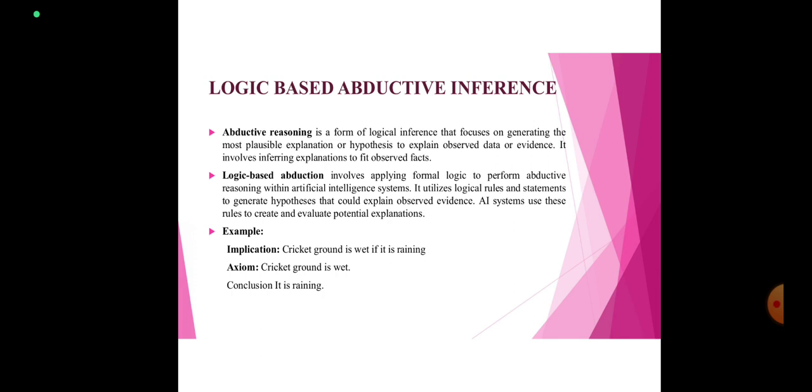For example, if we have the implication, the cricket ground is wet if it is raining, and we take the axiom that the cricket ground is wet, then from the implication we reach the conclusion that it is raining outside because the ground is wet.